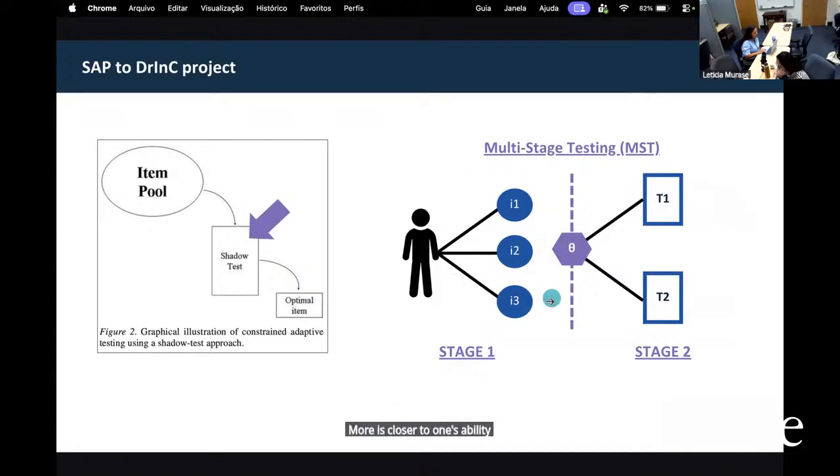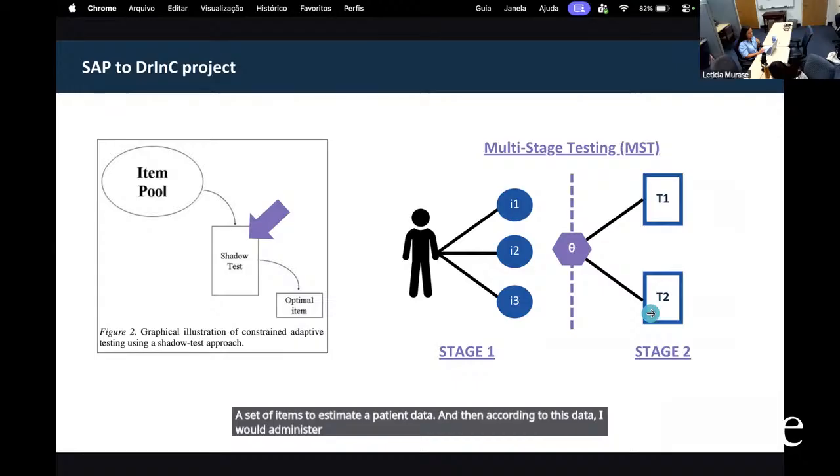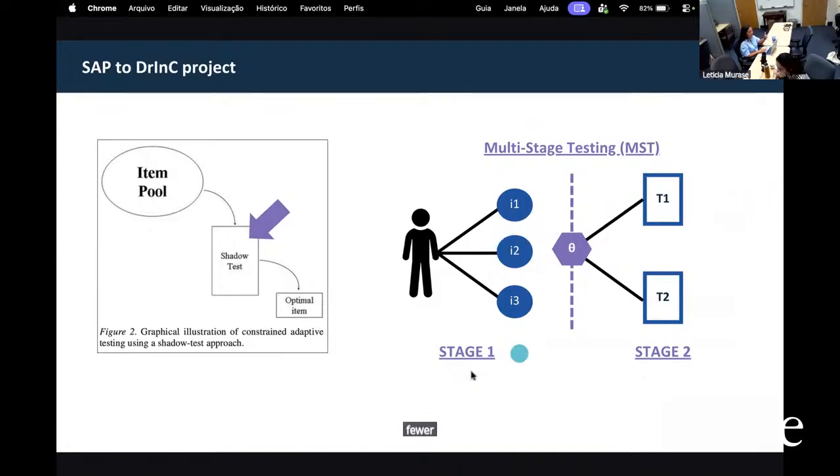So I will have a set of items to estimate a patient's theta, and then according to this theta, I would administer test one or test two, which would meet their level of ability. In multi-stage testing, we can have more stages or fewer stages, more items or fewer items, and we can also have more than two tests. This is just an example.